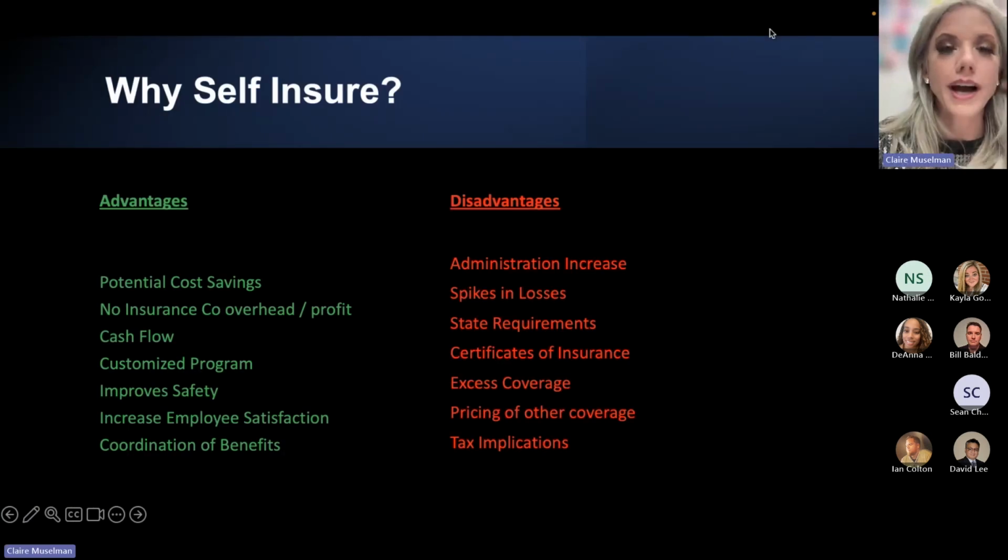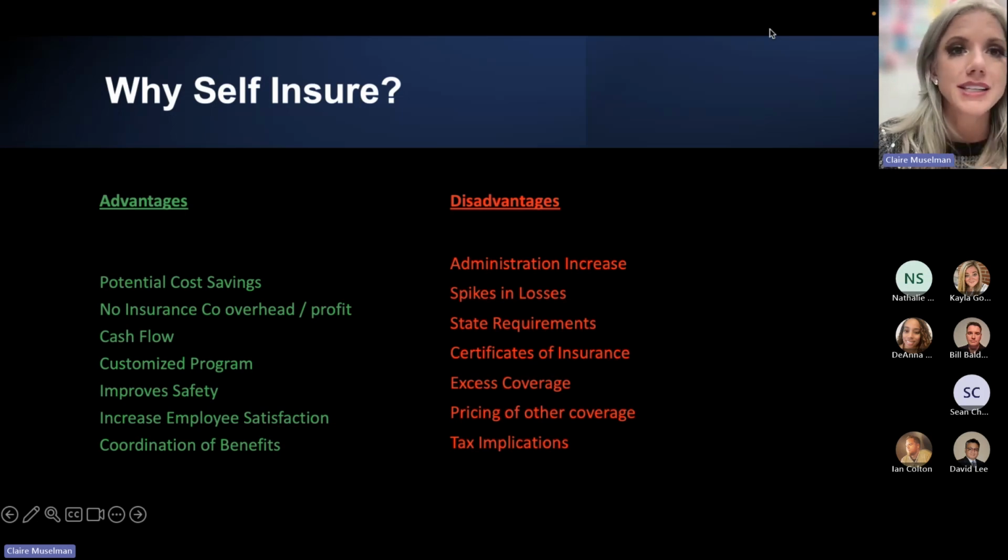So with that, why would somebody choose to self-insure? So again, this is keeping all of the risk within themselves. So when we look at it, there might be some cost savings. It can be immediate from a cash flow standpoint. There's less expenses for insurance margins if you're self-insured and you're not paying somebody else to hold your own risk.